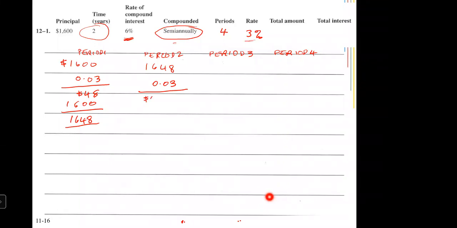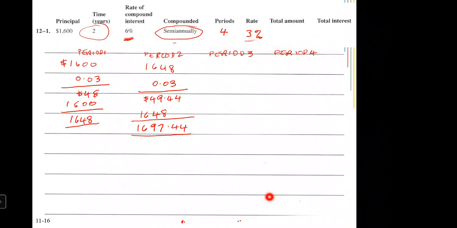Okay, and we're going to add the 1,648 to that. 1,697.44. Okay, so that's the end of period 2. And by the way, that would be the end of year 1, because remember, each period is half a year because we are compounding semi-annually.